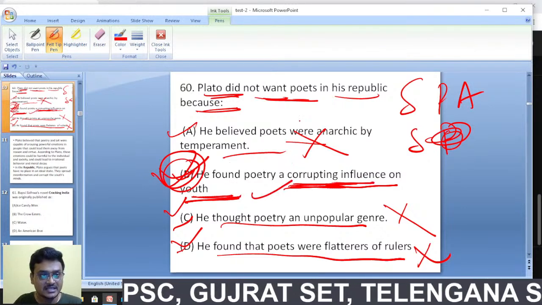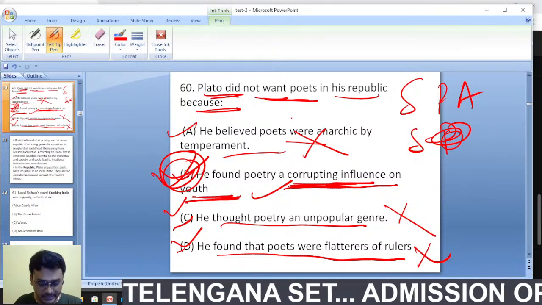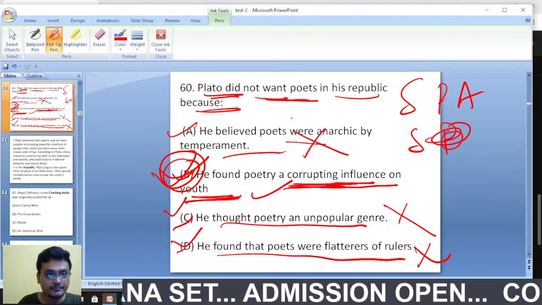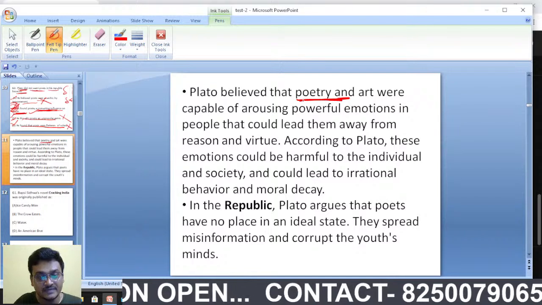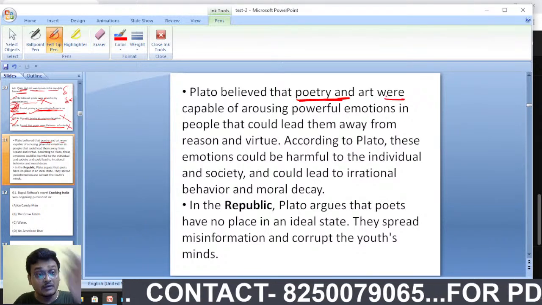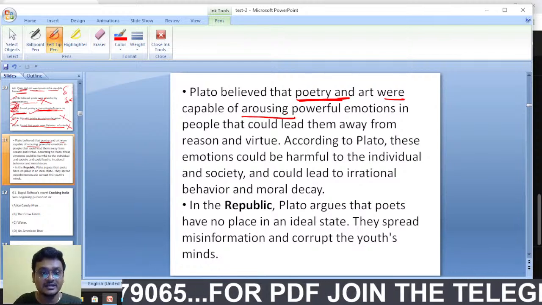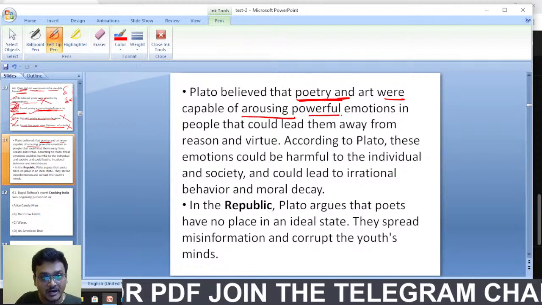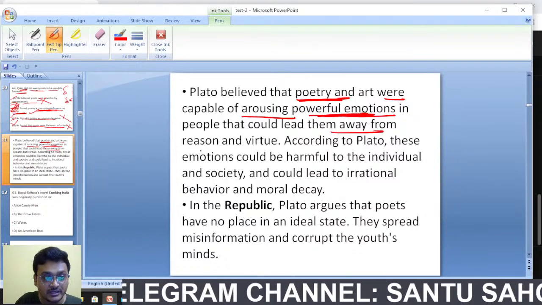That's why Plato did banish the poets from an ideal state. Plato believed that poetry and art were capable of arousing powerful emotion, and that will lead them away from reason and virtue.